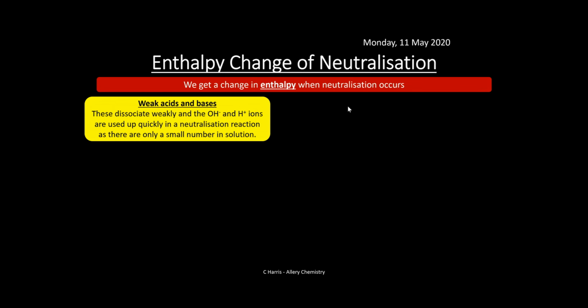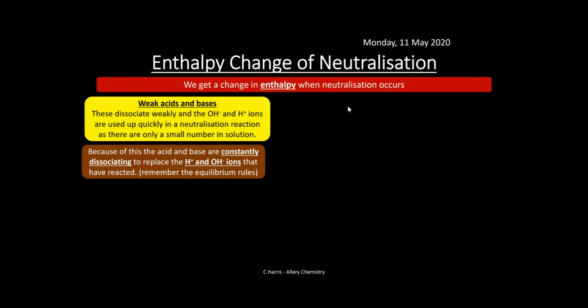So let's have a look at weak acids and bases. These dissociate weakly, so remember, the OH- and H+ ions are used up quickly in neutralisation reactions, as there's only a small number of them in solution. Weak acids and bases don't dissociate fully.